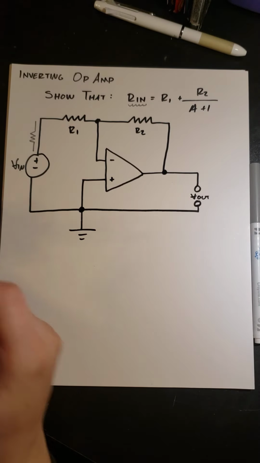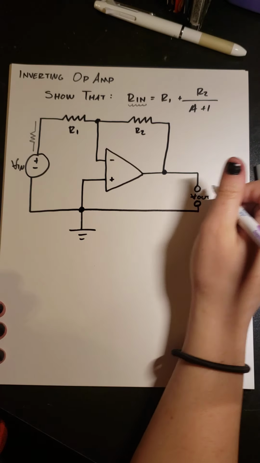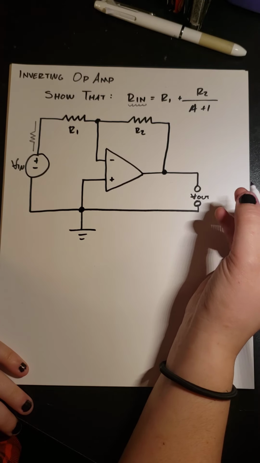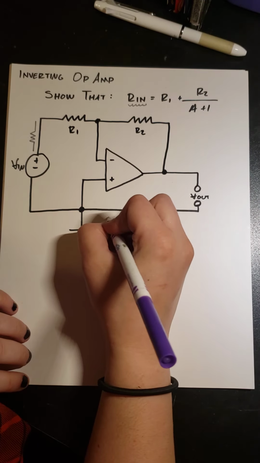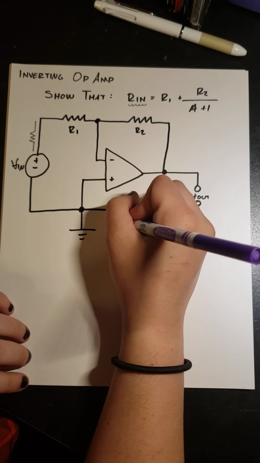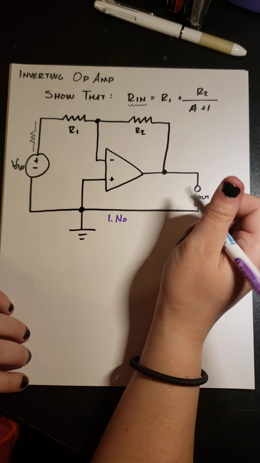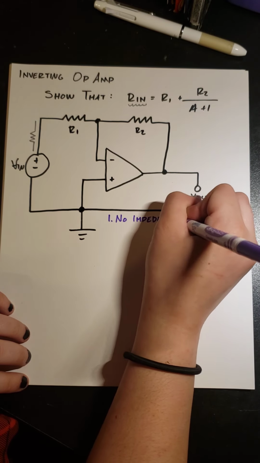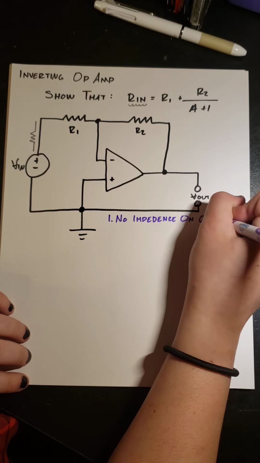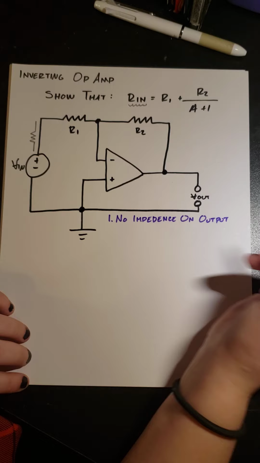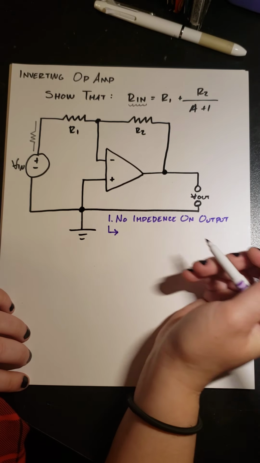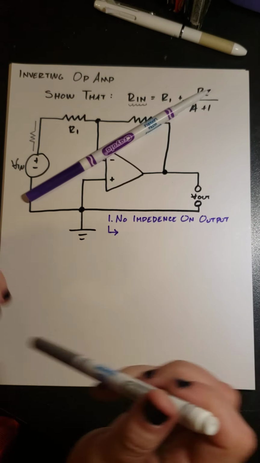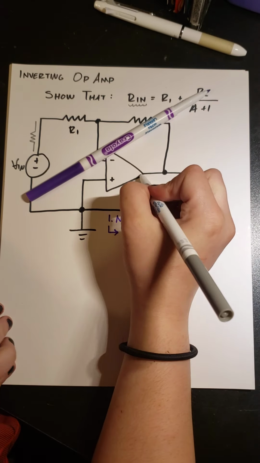Great. We're going to start with voltage out. So we need one of the laws of ideal op amps, the law that says no impedance on output. What does that get us? It means there is nothing changing the voltage between here and here.